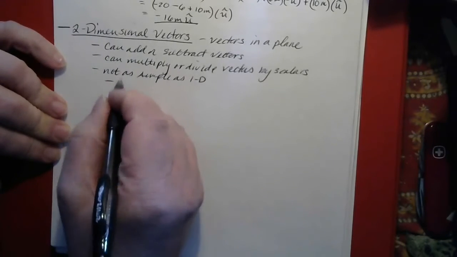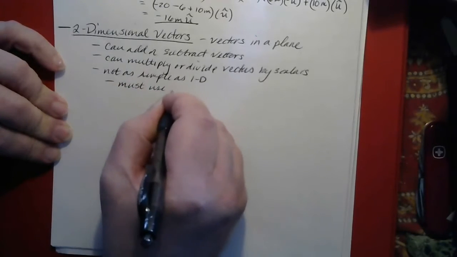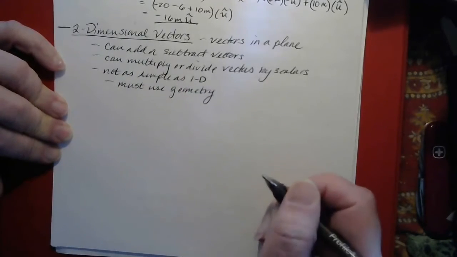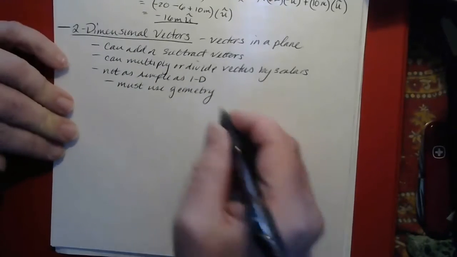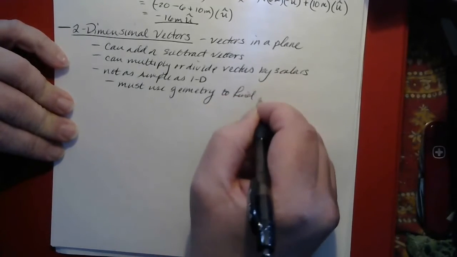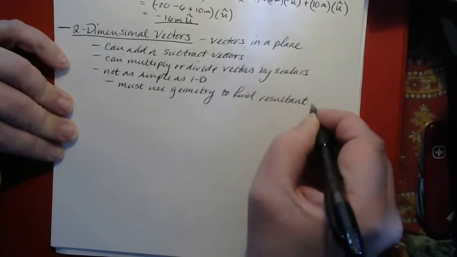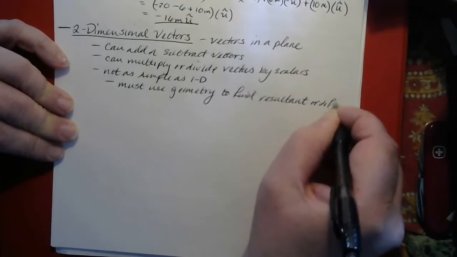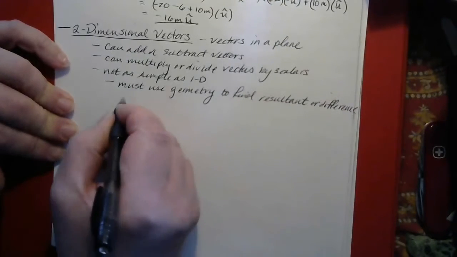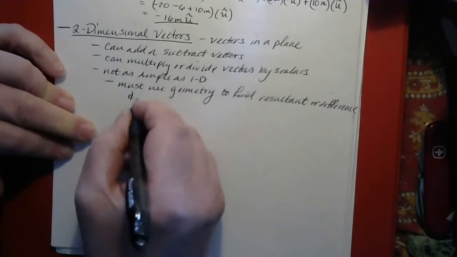In effect, what you have to do to solve the problems is use geometry to find the resultant or the difference, and trigonometry to find the magnitude and direction.